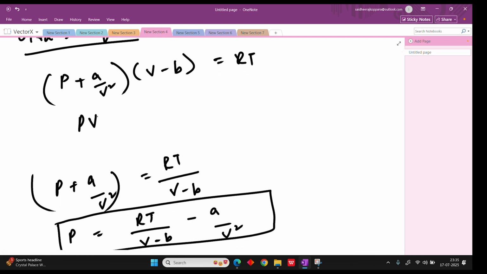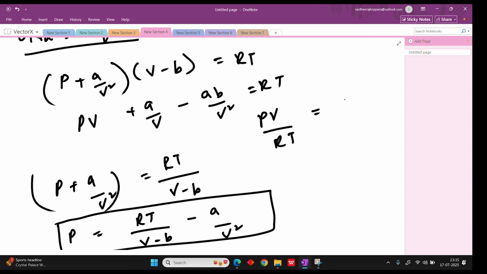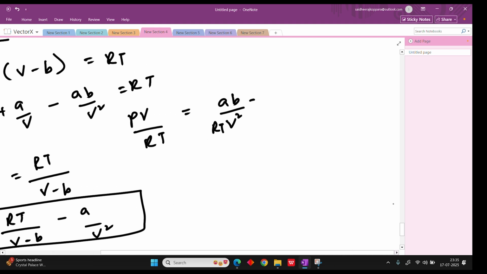Or let us write this line as well: PV plus A by V minus AB by V square equals RT. And you divide the whole equation, PV by RT equals to AB by V square RT minus A by RTV.